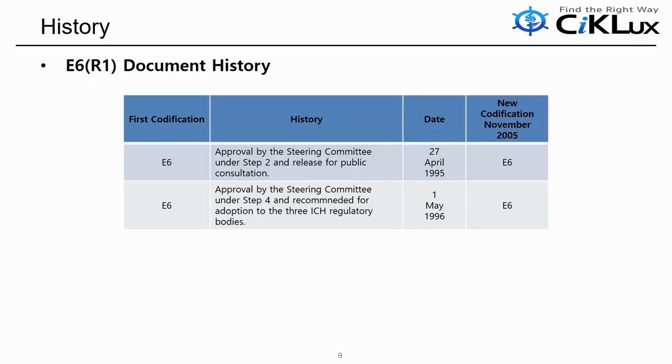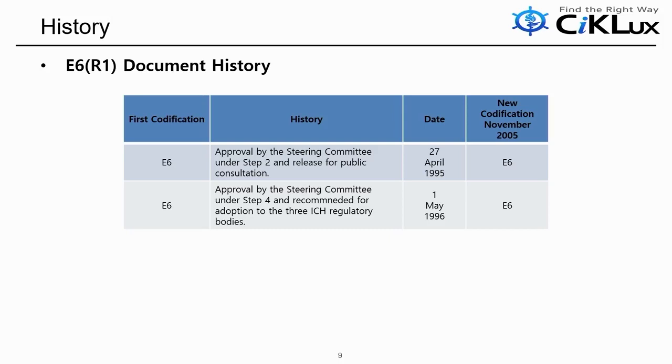So for ICH GCP, I will briefly go through the general history of the efficacy guideline here. For E6 R1, you see step 1 and step 2. And at step 4, the guideline is the final version.